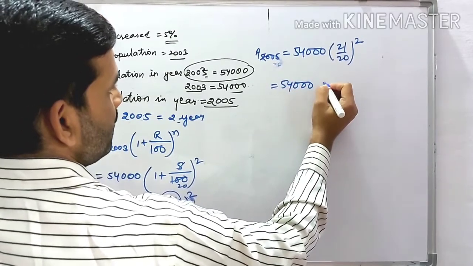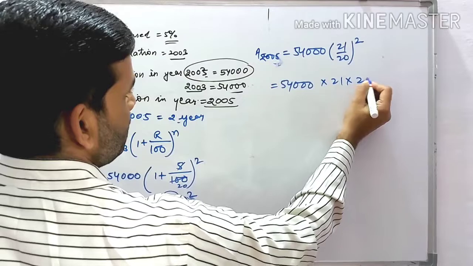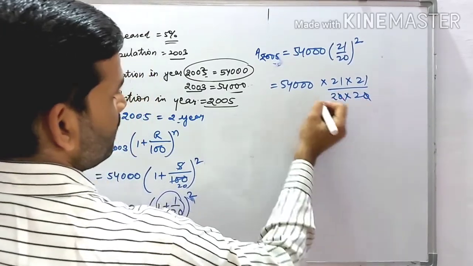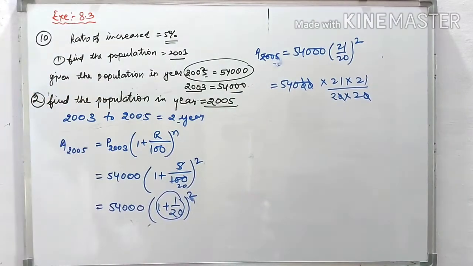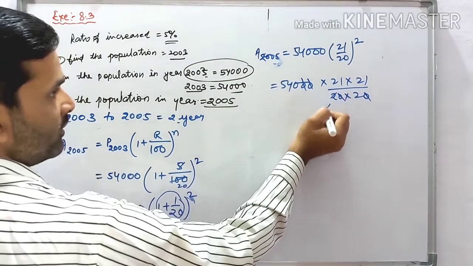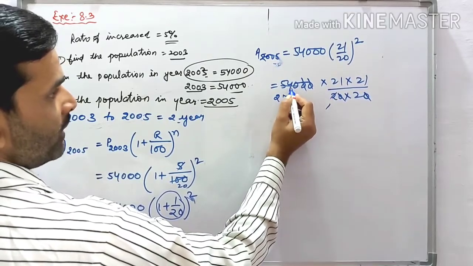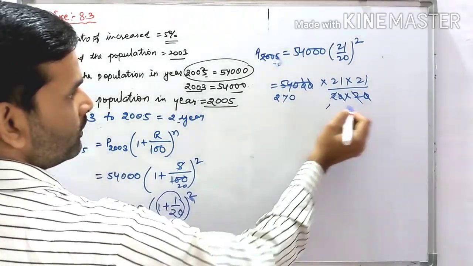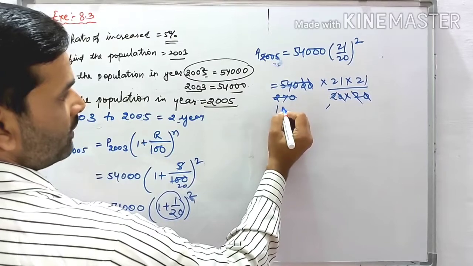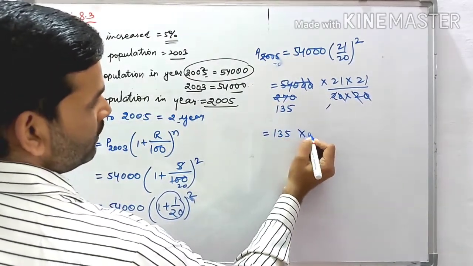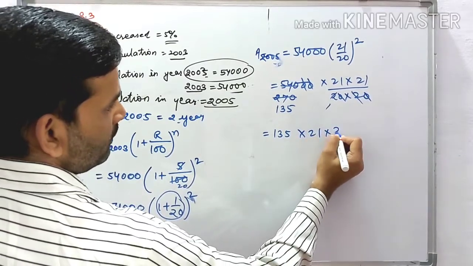So 54,000 into 21 upon 20 into 20. The zeros and 20 will cancel, leaving 135 into 21 into 21.